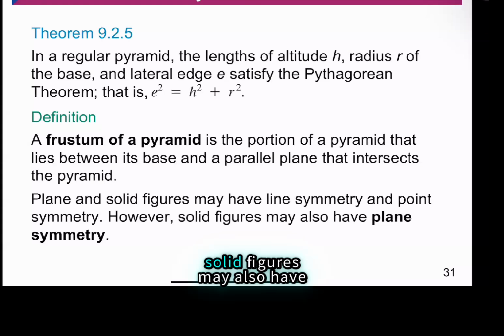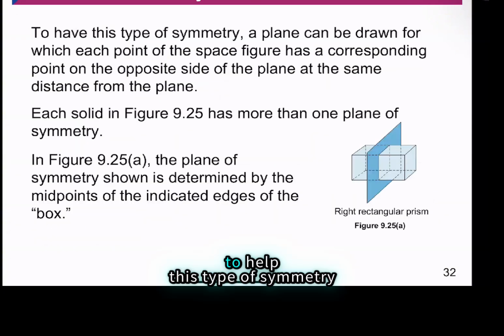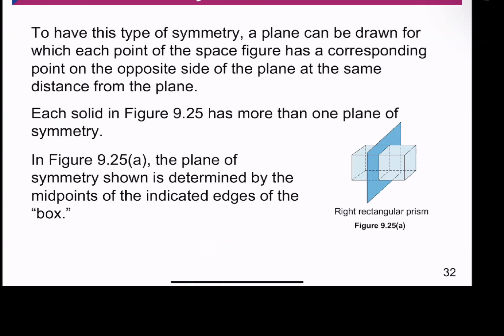However, solid figures may also have plane symmetry. To have this type of symmetry, a plane can be drawn for which each point of the space figure has a corresponding point on the opposite side of the plane at the same distance from the plane. Each solid in figure 9.25 has more than one plane of symmetry.